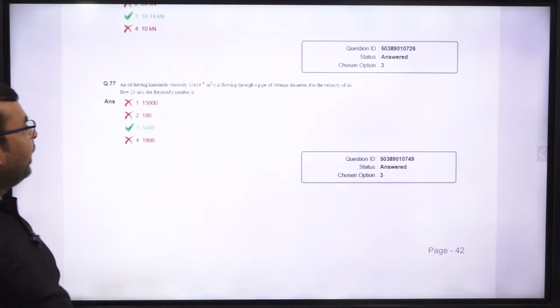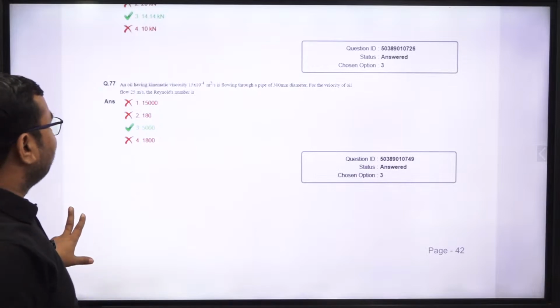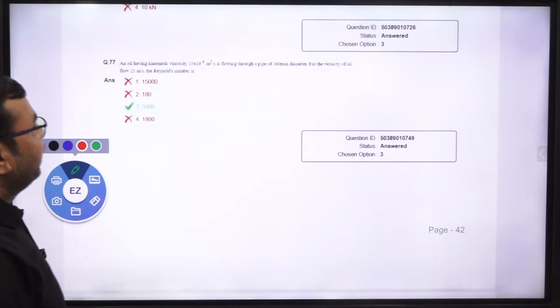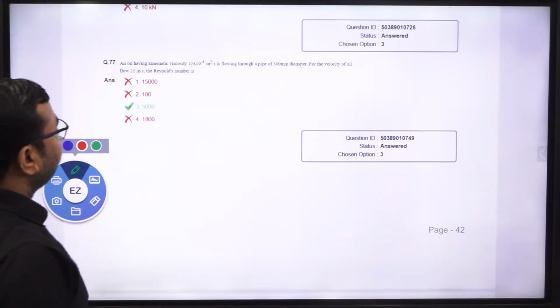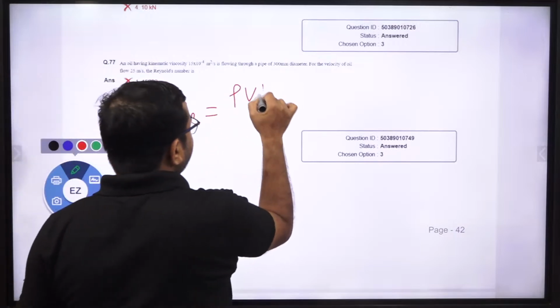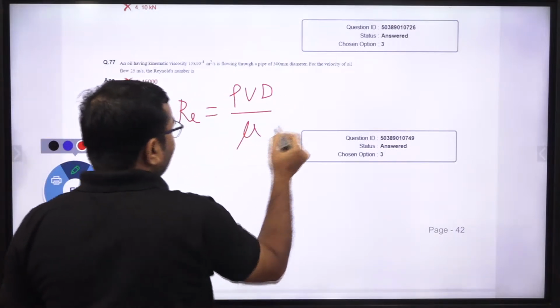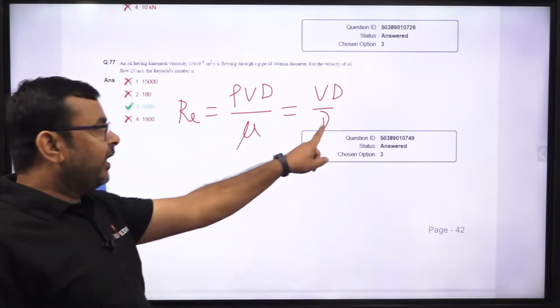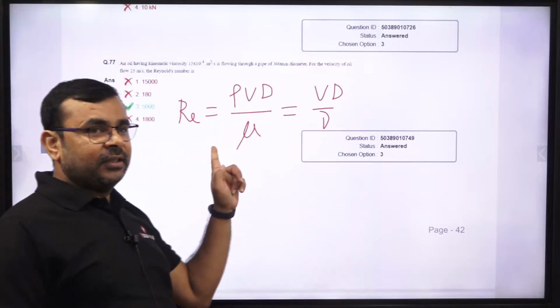An oil having kinematic viscosity of 15 into 10 power minus 4 meter square per second flows through a pipe of 300 mm diameter. For the velocity of oil 25 meter per second, find the Reynolds number. So you know Reynolds number is rho v d by mu, or simply you can say Vd by nu, where nu is the kinematic viscosity and mu is the dynamic viscosity. Is it clear?